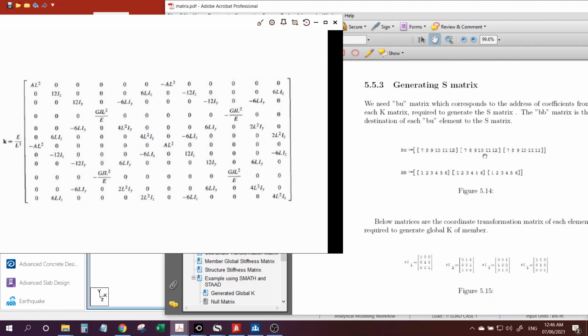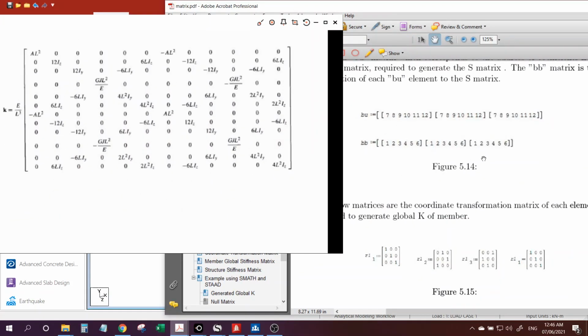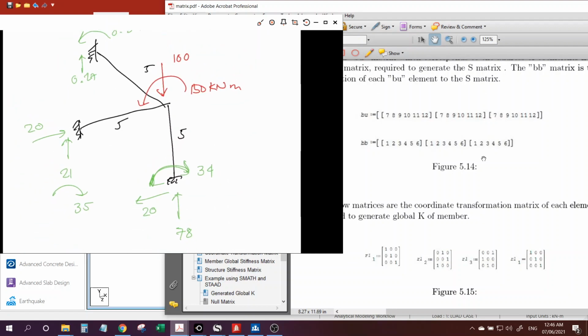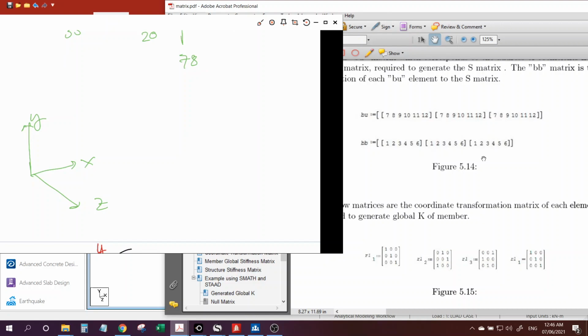And my BU matrix, remember, since our members are this one, so this is my member 1, member 2, member 3. Therefore I assume that 7, 8, 9, 10, 11, 12.